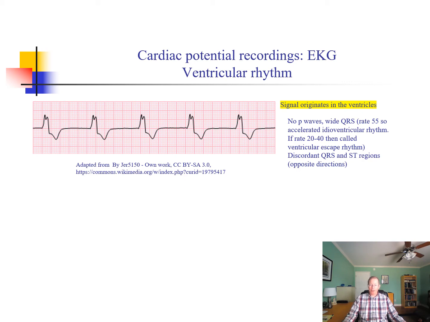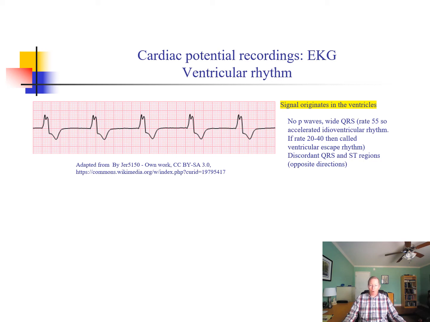And so this is actually a type of ventricular rhythm, which is an escape rhythm, which is an accelerated rhythm. And sometimes you will see this transiently, hopefully transiently, after a person has had some kind of major problem, like they've been in cardiac arrest.